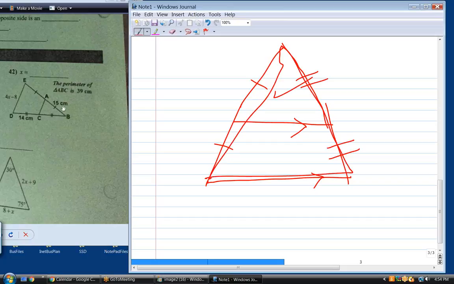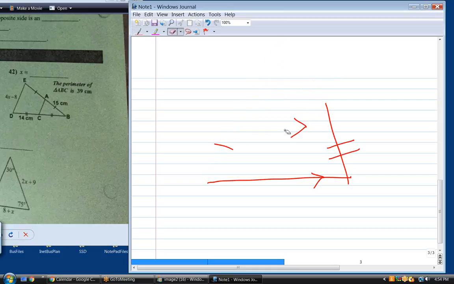And it's your similarity that allows you to solve this. If the little triangle was not similar to the big triangle, you'd have never been able to put that base of 2x minus 4 on AC. And you need that to solve the problem. You need to be able to define AC in terms of that number right there.